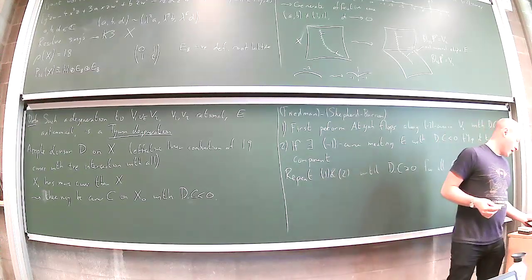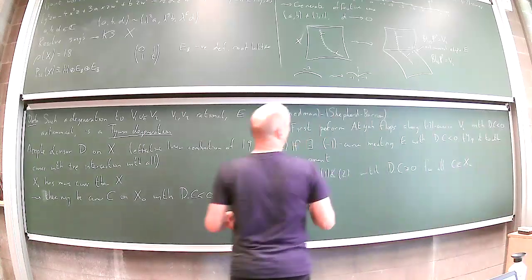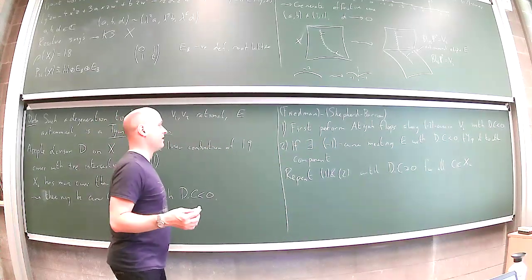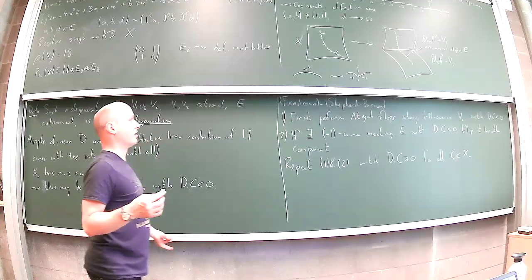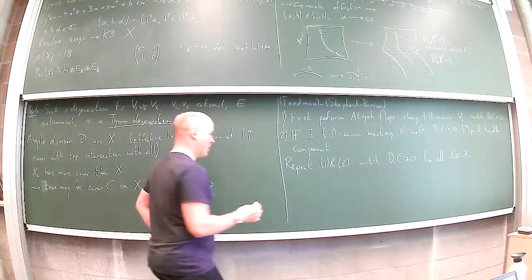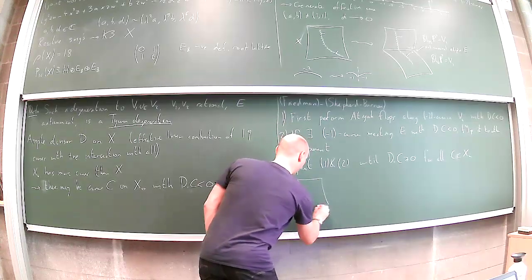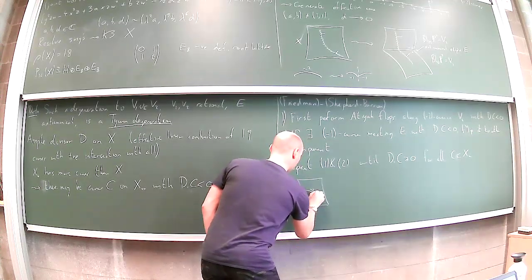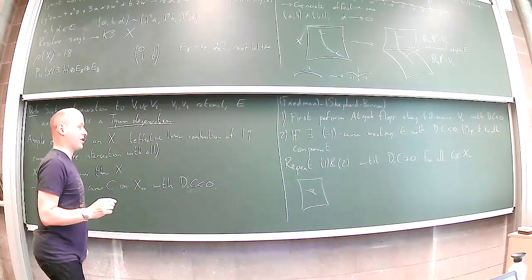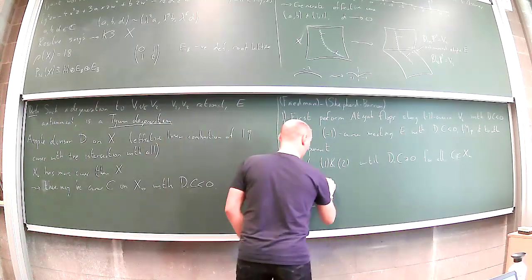Let me try to explain a little bit what's going on here, because I've said some words that maybe don't make much sense. Suppose there's some -2 curve which lives in one of V1 and V2.